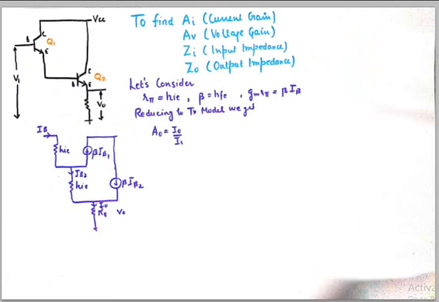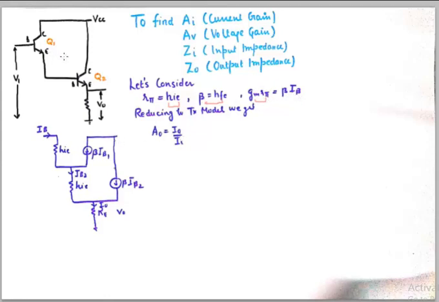Now let's get into details of the AC analysis of this Darlington pair, where we can find the current gain, the voltage gain, the input impedance and output impedance. In order to find all these parameters, let's consider that r pi for each of these transistors can be substituted as hie, beta can be substituted as hfe, and gm r pi will be substituted as beta times IB.